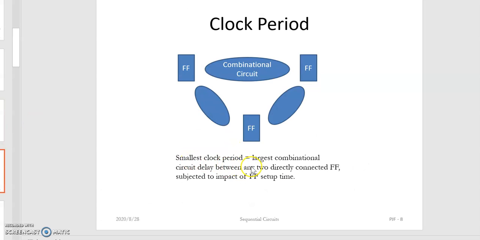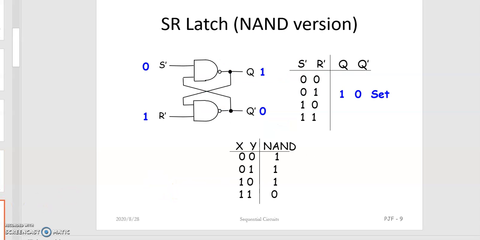The smallest clock period is equal to the largest combinational circuit delay between any two directly connected flip-flops, subject to the impact of the flip-flop setup time.